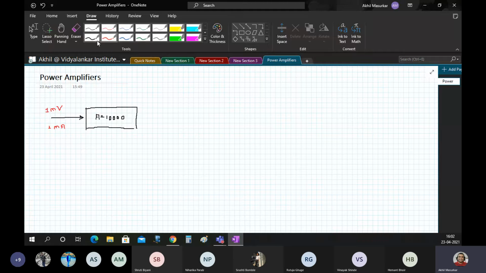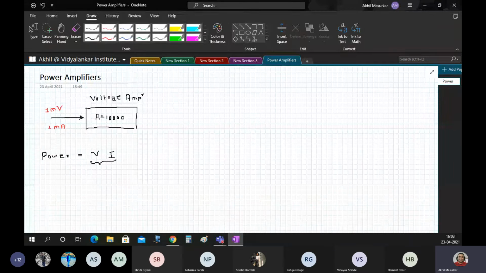So what generally happens is that the first stage is called a voltage amplifier. Now when it comes to power, power is equal to V into I. Simple, very simple definition of power.